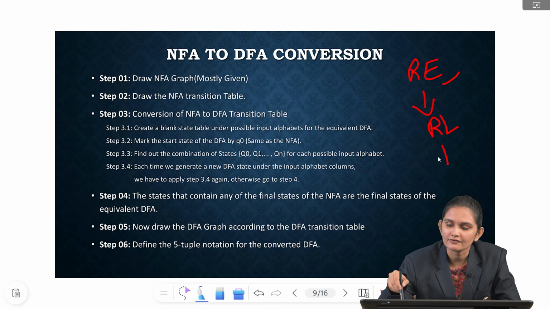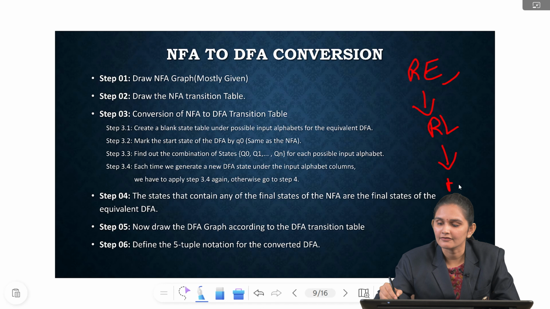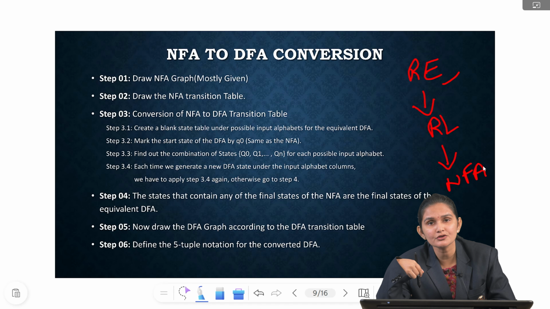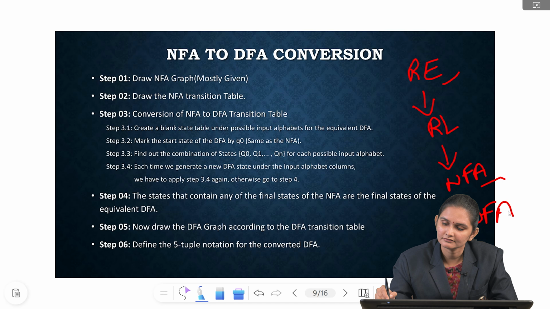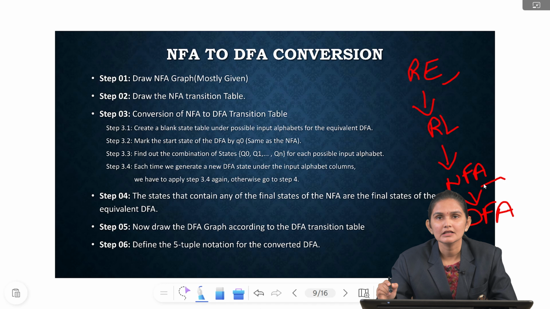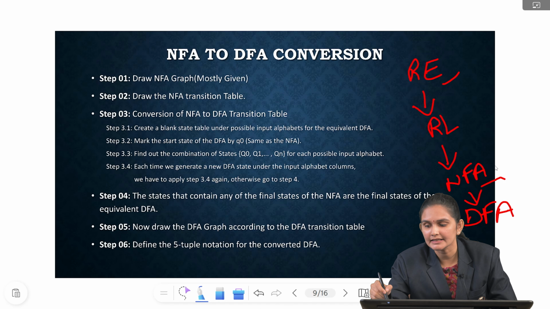Via regular language, we humans will construct NFA, because NFA is easier for us to design. It is okay till here. But for the computer to understand, we need to design DFA. So that is why we need the conversion from NFA to DFA.